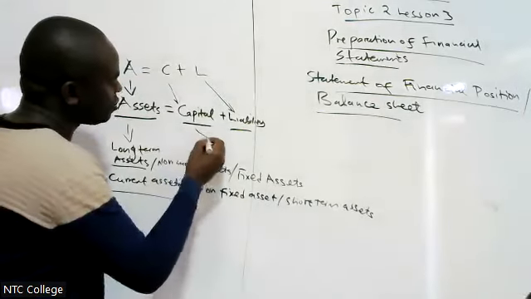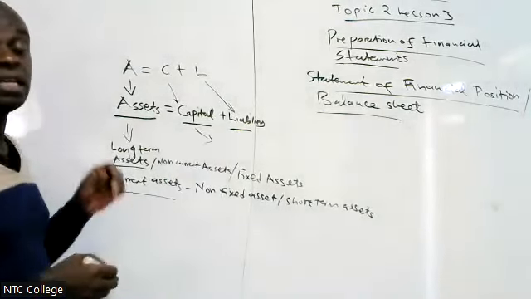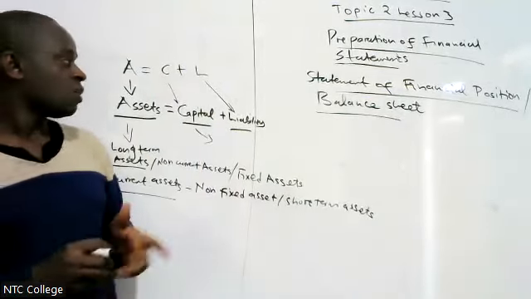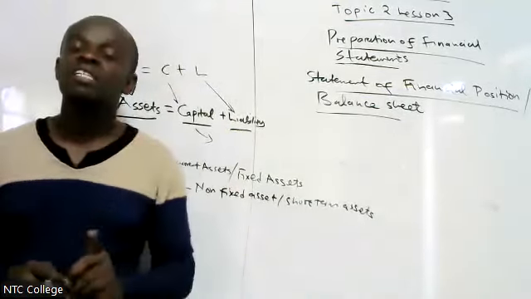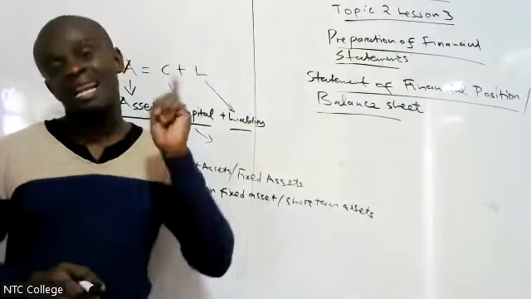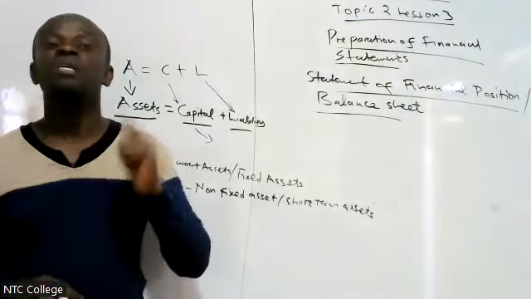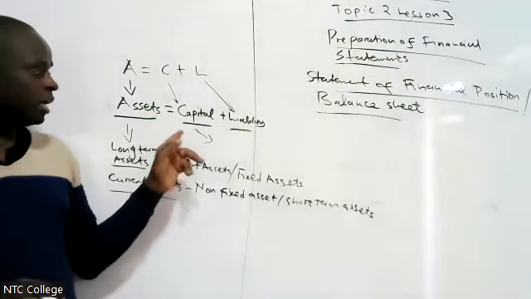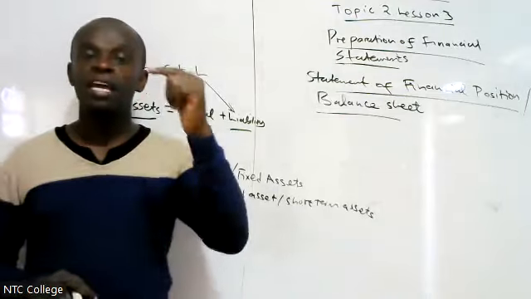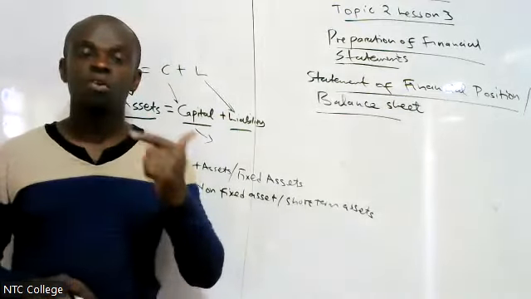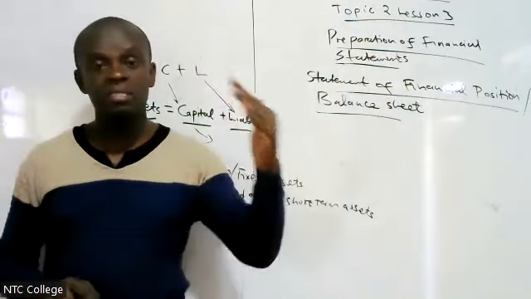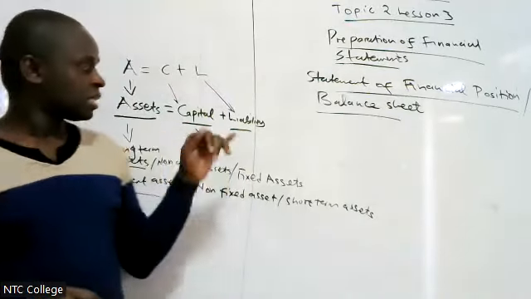Then we said capital, this is the amount of money invested by the owners. I'll give you an example and you'll be able to understand. Any money that is invested by the owners of the business is what we call capital. Because the business owes you that money, we call it capital.